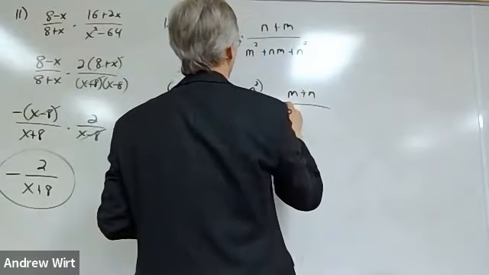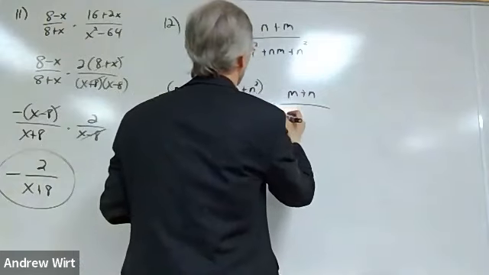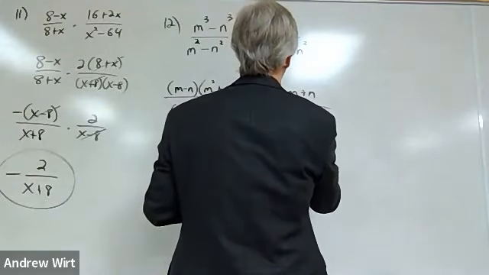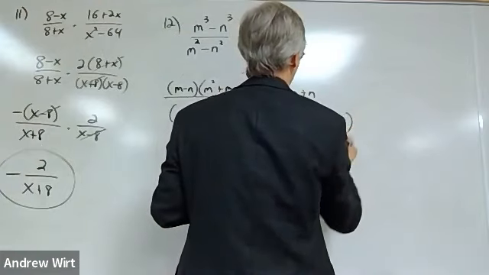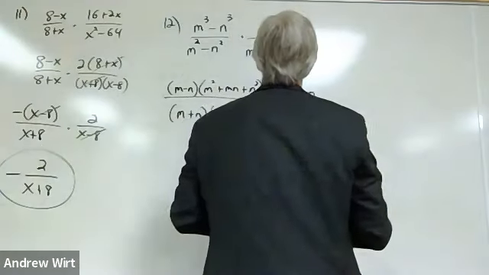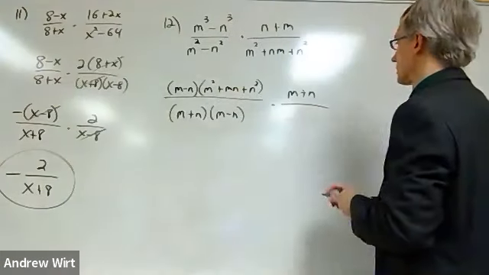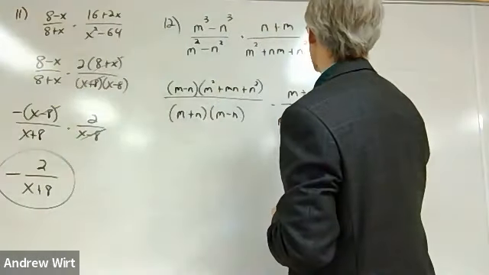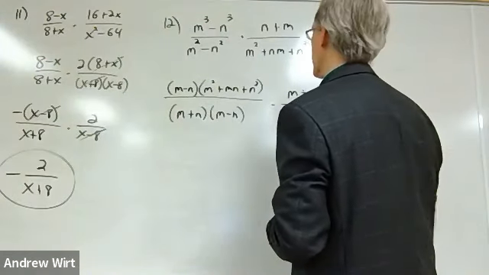Go ahead and switch that back around. It's supposed to be m plus n. And then here, well, that does not factor. That's going to stay as m squared plus nm plus n squared.